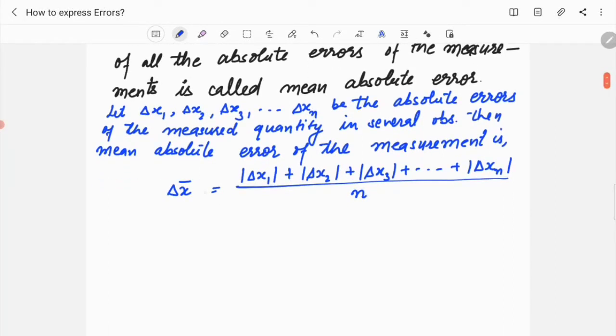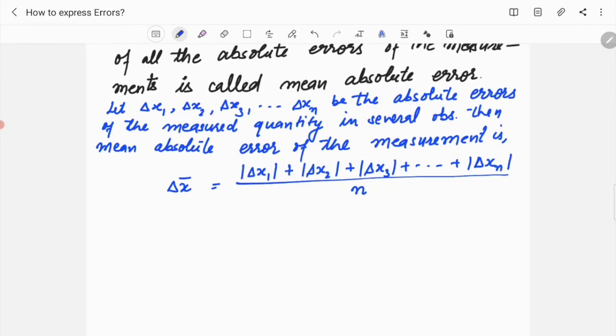This is the mean absolute error of the physical quantity.